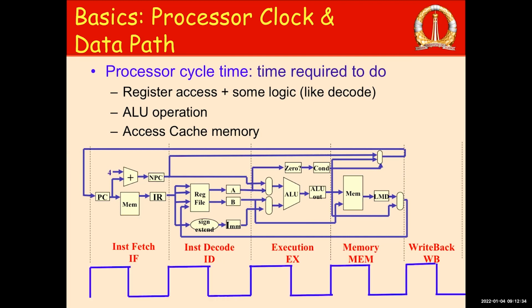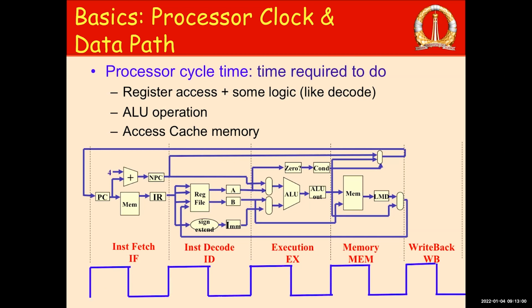So just to visualize, this is really what happens. This is the processor clock cycle. And each one of these stages essentially completes in one processor clock cycle, where you have the clock being in the one state for half the time and being in the zero state for the other half the time. Right, that's essentially one clock cycle.